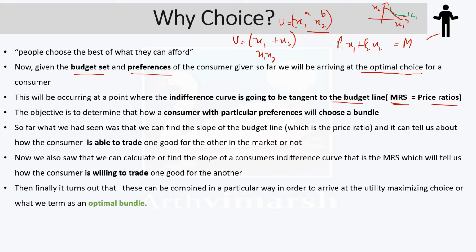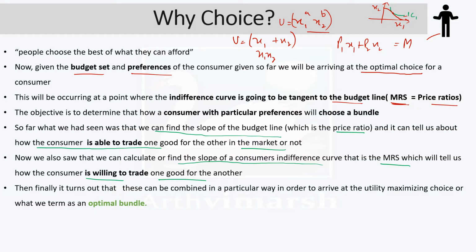So from the previous chapter, we have observed that we can find the slope of the budget line, which is the price ratio, right? And it tells us how the consumer is able to trade one good for the other in the market. And also we saw how to find the slope of the indifference curves, which was the MRS, marginal rate of substitution, which basically tells us how the consumer is willing to trade one good for the other, right?